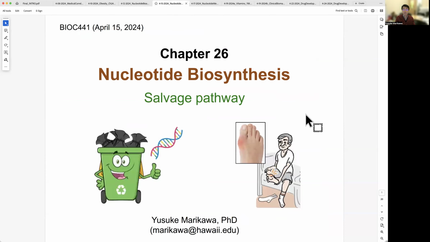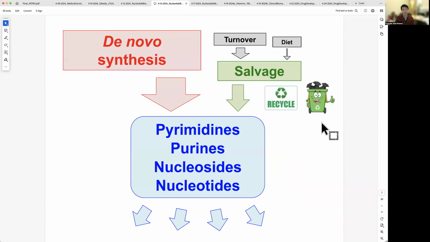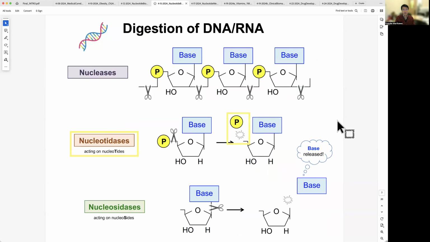Next is the salvage pathway of nucleotides. I emphasize there are three kinds of enzymes involved in the digestion of DNA step by step. But just focus on this middle one, nucleotidases, not the nucleosidases or nucleases.